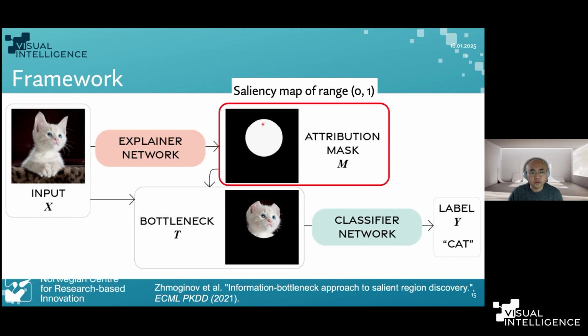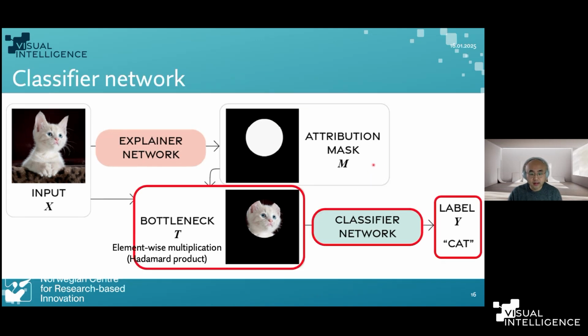A good explanation means that this attribution mask is properly highlighted with respect to the class label. This bottleneck representation is quite important. The bottleneck representation T is computed by the element-wise multiplication of the input X and the attribution mask M. If a region is black, at 0, it will be masked out, leaving nothing.